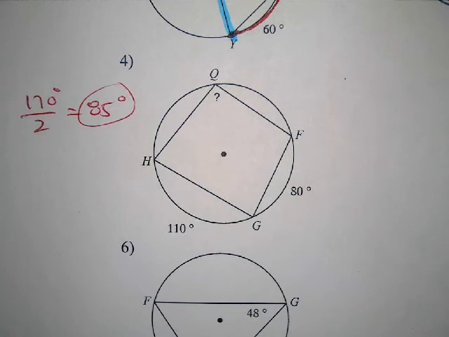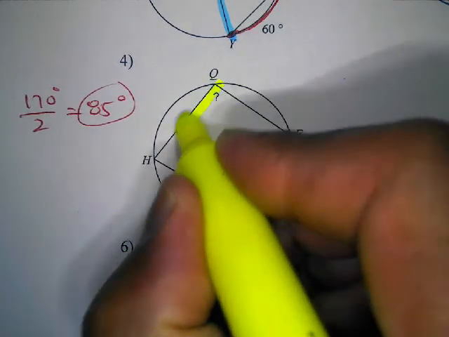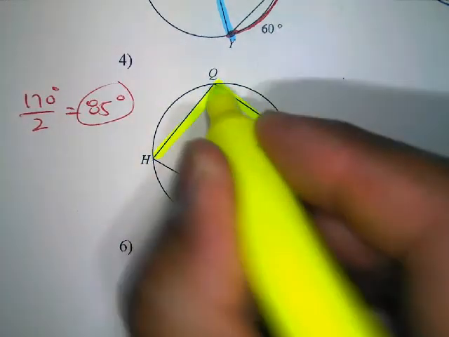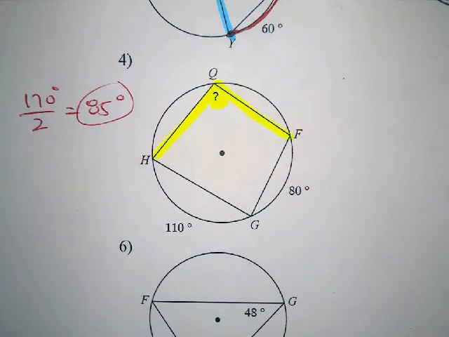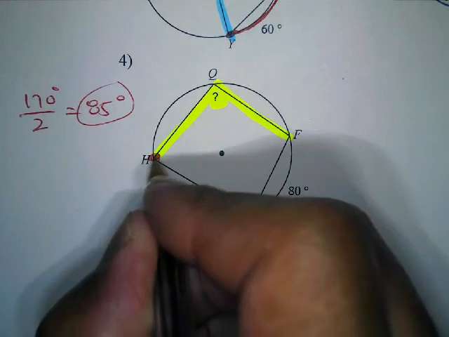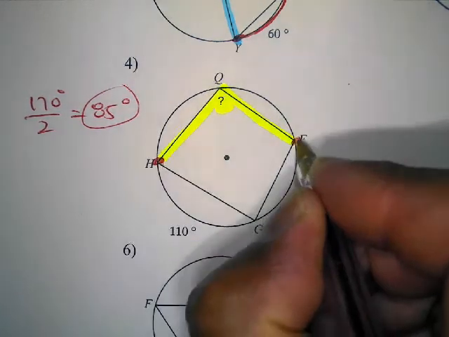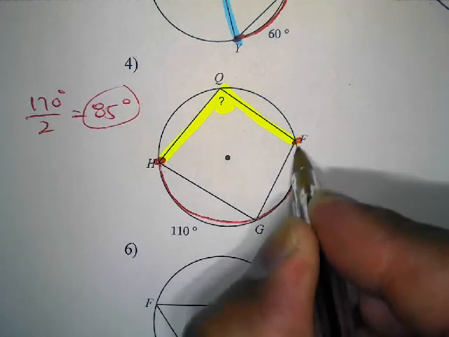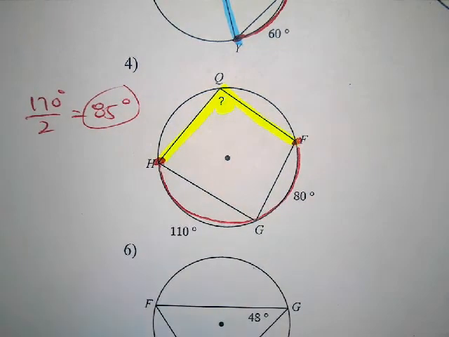Okay, number 4. I think it's another similar one, right? So let's follow here's the angle, so follow just the 2 lines, the 2 rays that are forming this angle here. And then use dots so you can see that I got to go from here to here. I got to go all the way around.